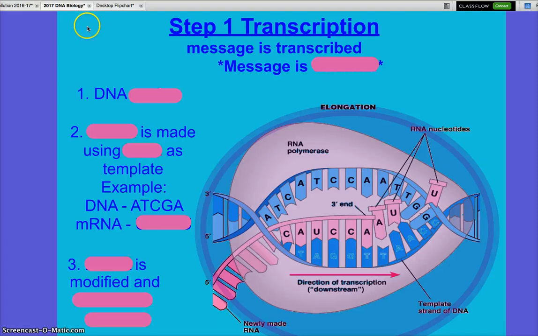So transcription, have you ever heard of something being transcribed? Where have you heard that word? Who's a transcriber? A transcriber will write or decode a message. Have you ever seen in court, there's a person typing and typing? They're typing a weird language that they learned to keep up with the speed of how fast people are talking.